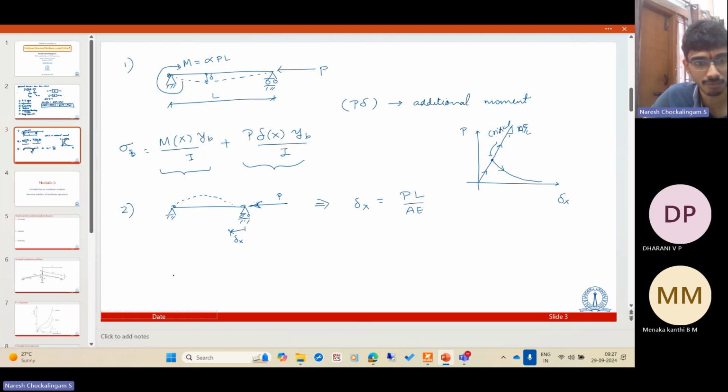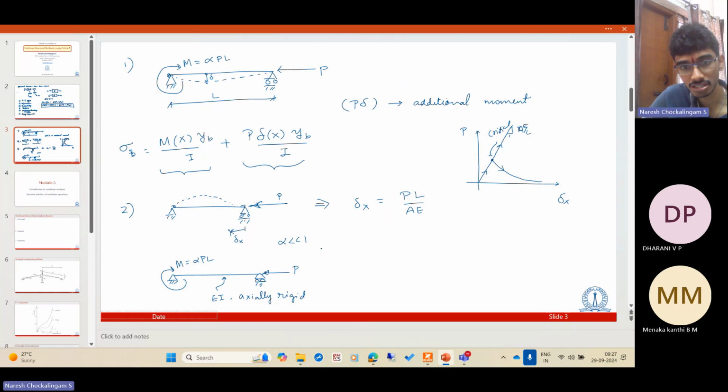So think of a beam subjected to a force P and a moment M, which is some alpha PL, and this alpha is very small compared to 1. The beam has cross-sectional properties EI and assume it is axially rigid. Therefore, until it buckles, it cannot incur any lateral deflection.